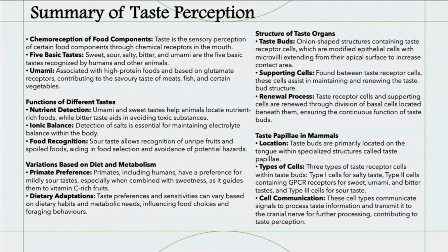In regards to remembering the specific receptors for the specific tastes, you're not, again, expected to remember that. You're more so expected to remember how we're able to taste. We're able to taste because of our chemoreceptors, and the chemoreceptors developed depending on the type of diets that these animals would eat.